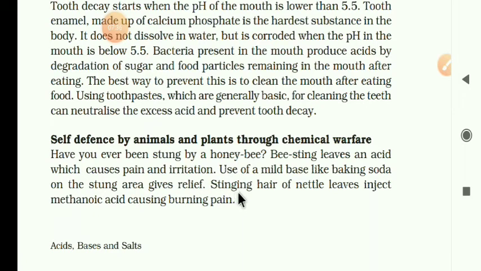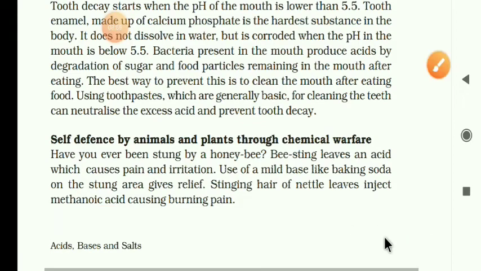Then one more is given here: stinging hair of nettle leaves inject methanoic acid, causing burning pain. So remember, the stinging hair of nettle leaves produces methanoic acid, which causes burning pain.